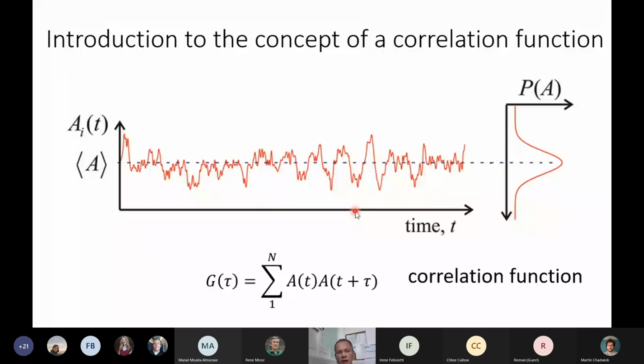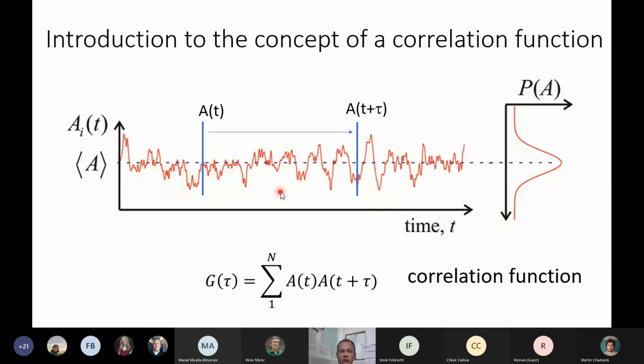So having time-dependent processes, let's say we have a function A that depends on t, we can plot the correlation function by taking the sum of the products of this function A at different times. This mathematical notation represents the correlation function.